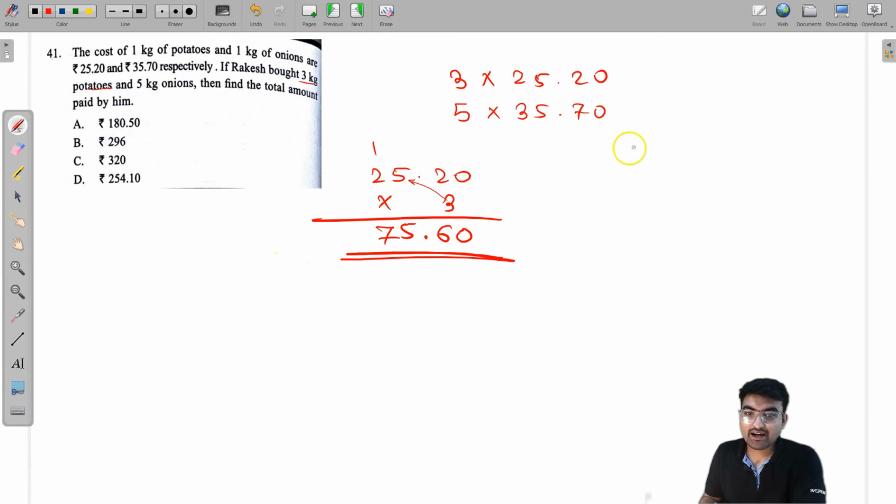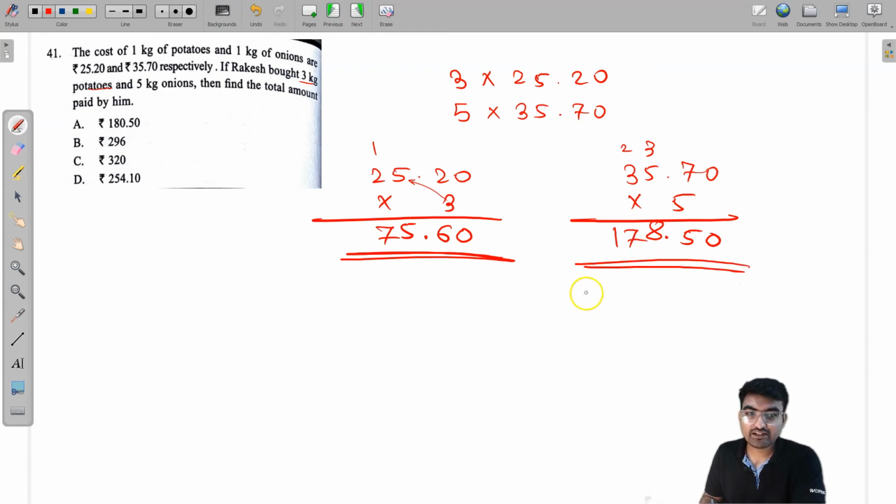Okay, and 5 kgs of onions, that is 35.70 into 5. So 5 zeros are 0, 7 5s are 35, so 5 carry 3, 5 5s are 25 plus 3, 28, decimal, 28 carry 2, 5 3s are 15 and 2, 17. It's 178.50. We have to find out the total amount, right?